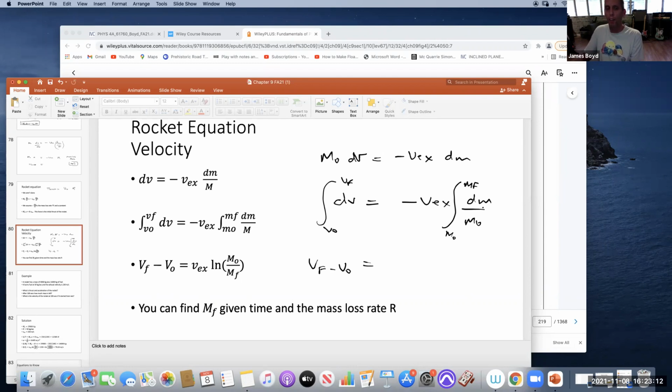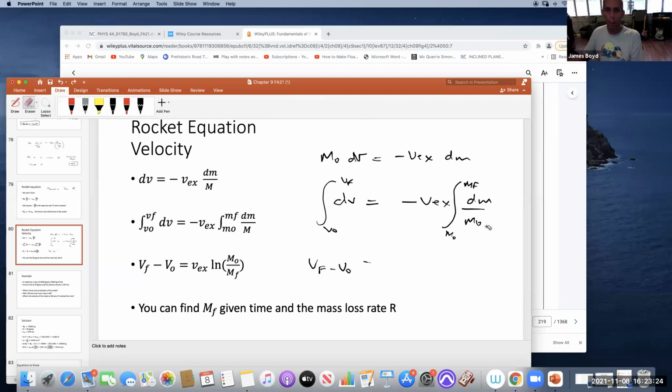This is the integral of dm over m, from m initial to m final. Now, actually, I shouldn't write it m naught. I thought I was being weird, but it's actually not m naught, it's m. The integral of 1 over m is ln. So this is minus v exhaust ln of m final minus m initial.